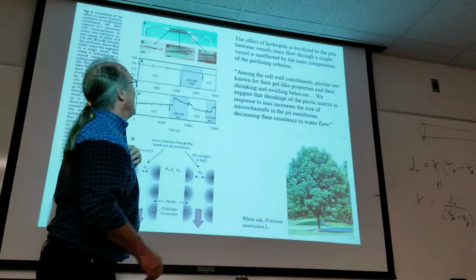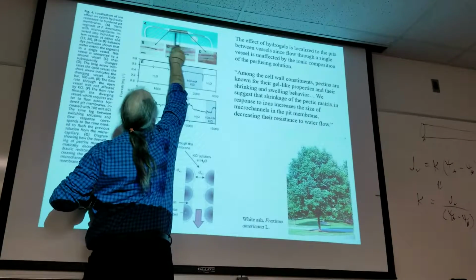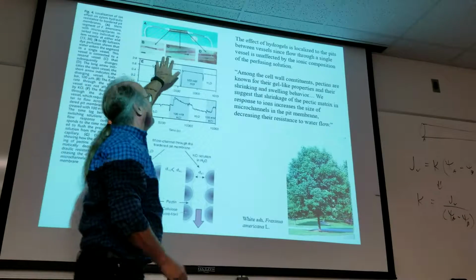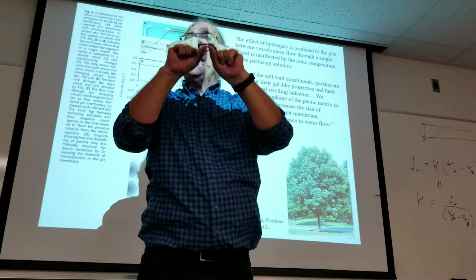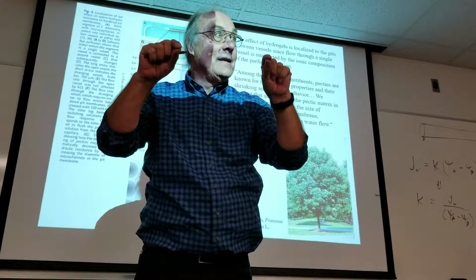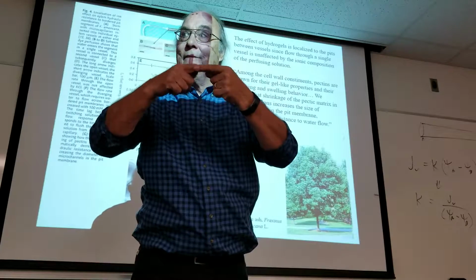This shows a piece of a stem with the tubes on the end of it. They were able to refine this so that they could look at a very small piece of stem that only had one vessel in it. Only one. Not a bunch of them next to each other, but only one vessel.